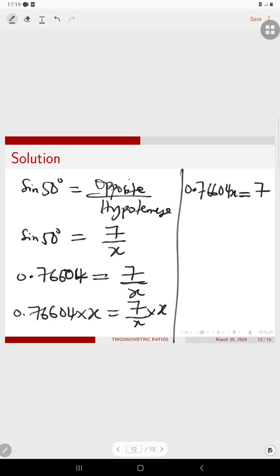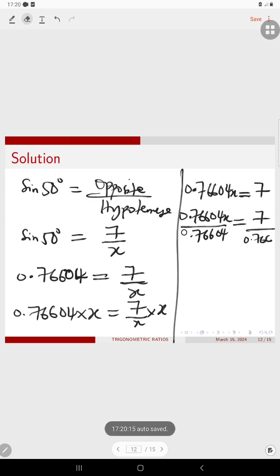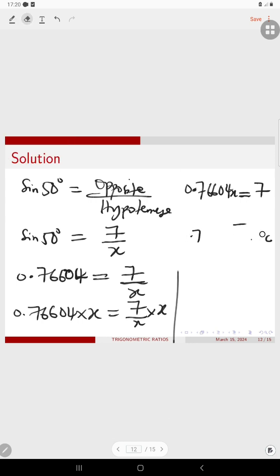So what will be our x? How do we get x? You divide both sides by 0.76604. So this one will cancel out. Better still, I think I can shift my board.